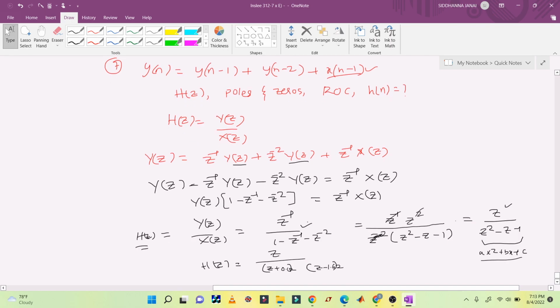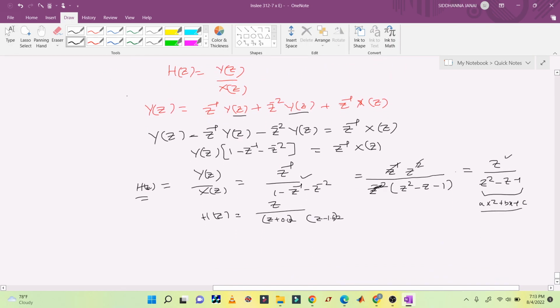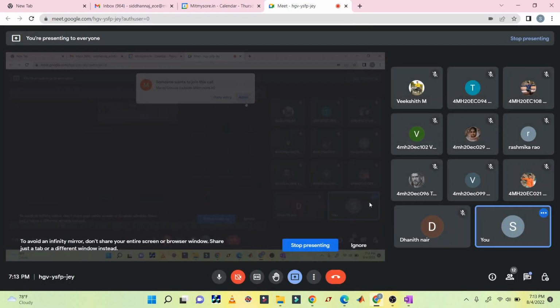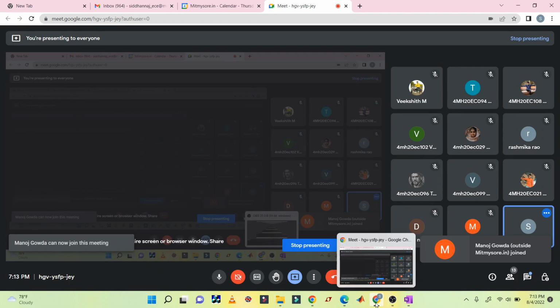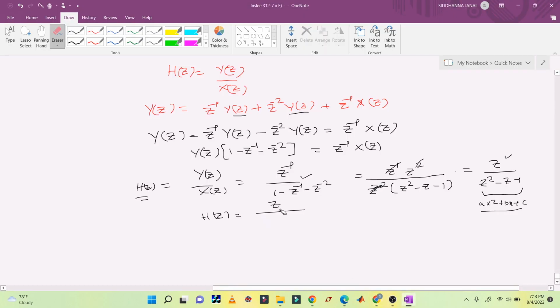Let me write it properly: z plus 0.62 and z minus 1.62.